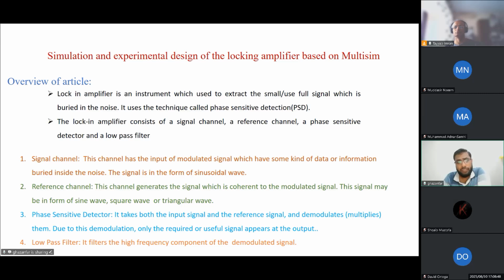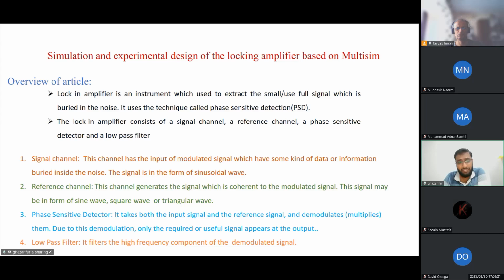In this article we are dealing with four main components. One is the signal channel, second is the reference channel, third is the phase sensitive detector, which is the main component of the lock-in amplifier, and last is the low pass filter. I will discuss briefly what kind of help they are doing in this article.